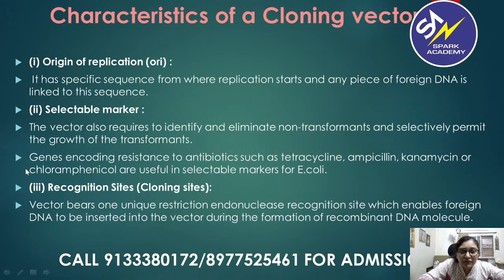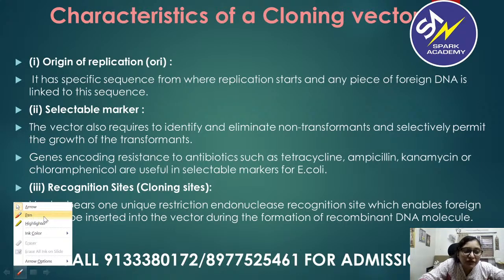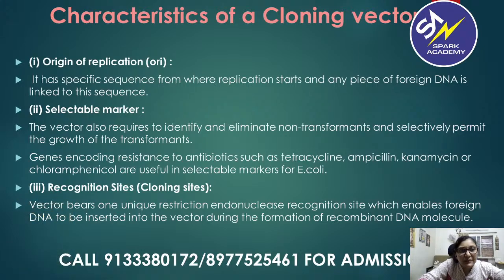Which characteristics do we need in a cloning vector? For a successful, powerful cloning vector, we need these many characteristics. First, it should have an origin site. For example, now we are designing our desirable cloning vector through which we are going to transfer our desired gene. It consists of an origin, second a marker gene, then third a recognition site for cloning.